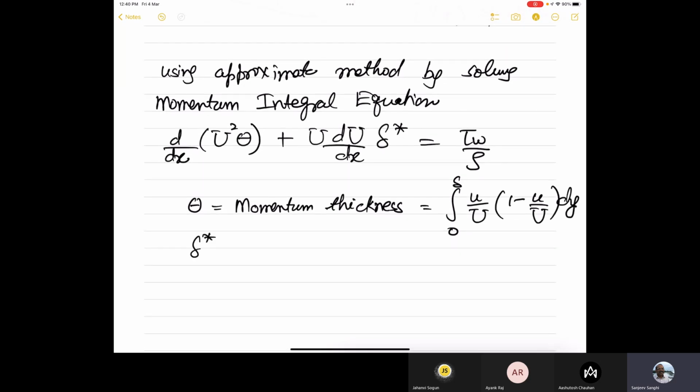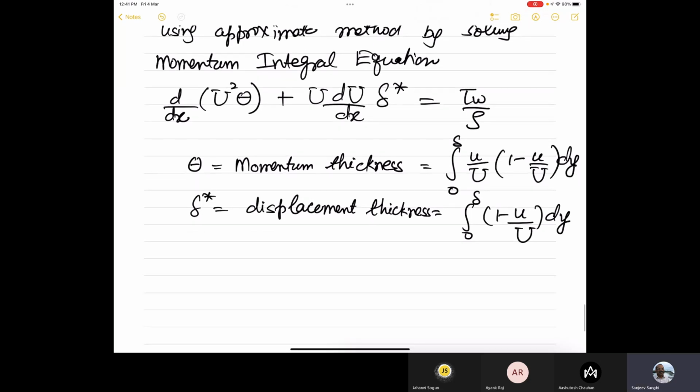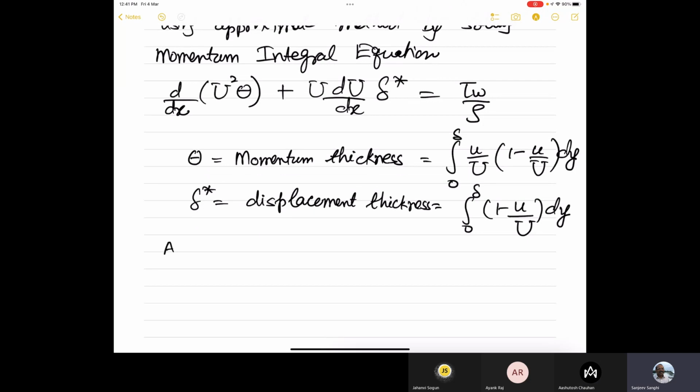And delta star was the displacement thickness, given by integral from 0 to delta of 1 minus small u upon capital U dy. Let's look at the approximate method.